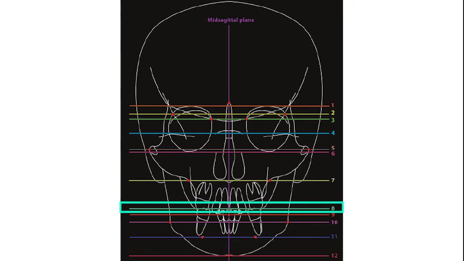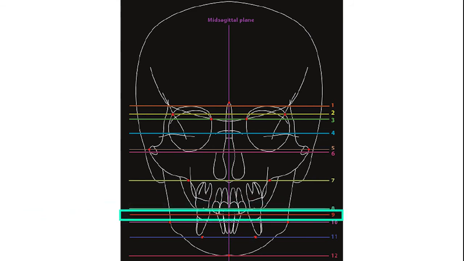Regarding this line, there is a canine line. A separate maxillary and mandibular canine line may be drawn connecting the left and right canine cusp tips. Incisor line. A separate maxillary and mandibular incisor line may be drawn tangent to the incisor edges.